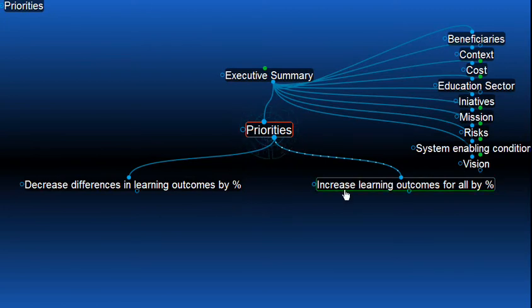Another priority is to increase learning outcomes for all, completely, but by percentages that can be tracked. This talks about the differences in learning outcomes between the hinterland and the coastal areas, those two priorities.